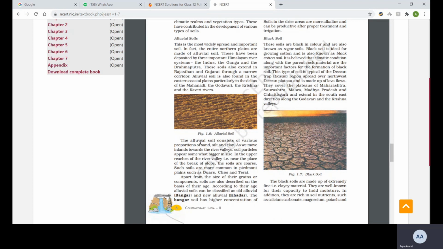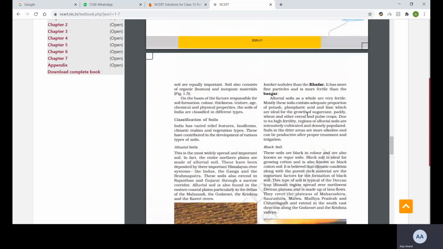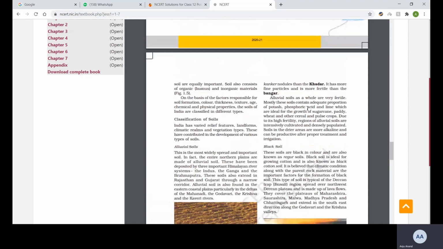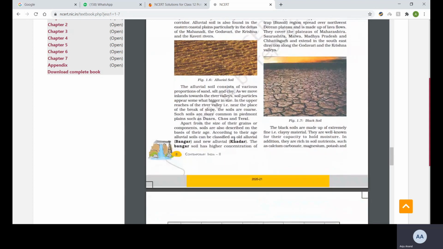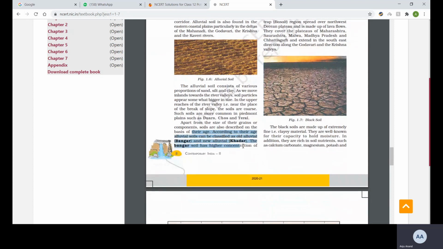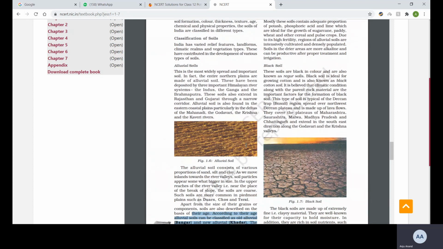Then this soil is very fertile and it can be easily used for cultivation of crops without using any fertilizer or without any great effort.